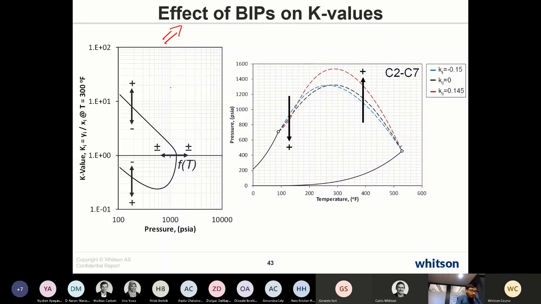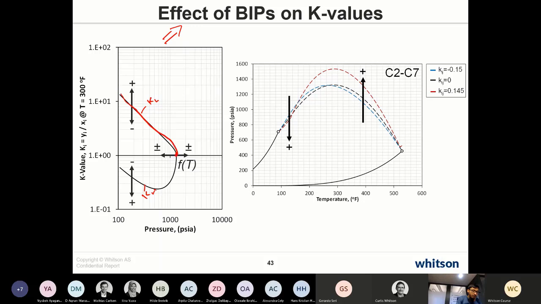So on the left, what you see is how the binary interaction parameters affect the K values, and we have already seen what the K values look like. For example, these are just the two components. This is the lighter component, this is the heavier component, and that's how the K values look as a function of pressure. We have already seen this.